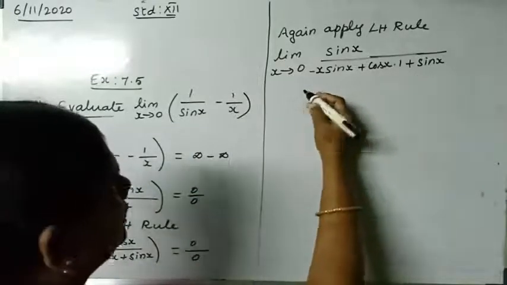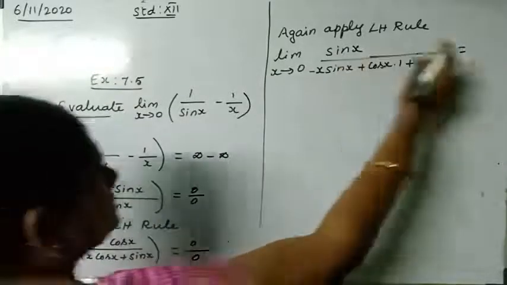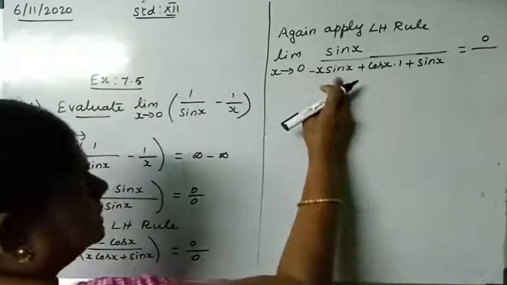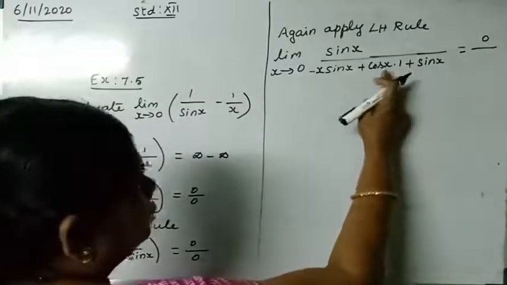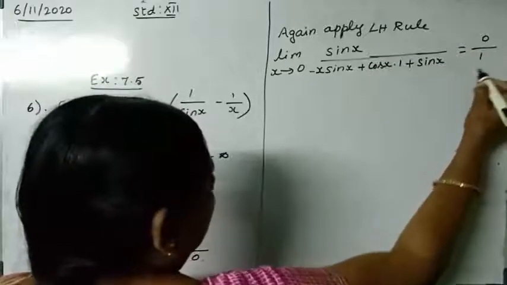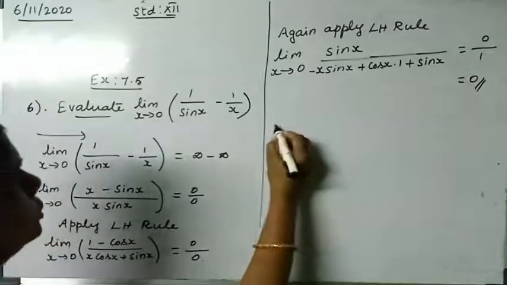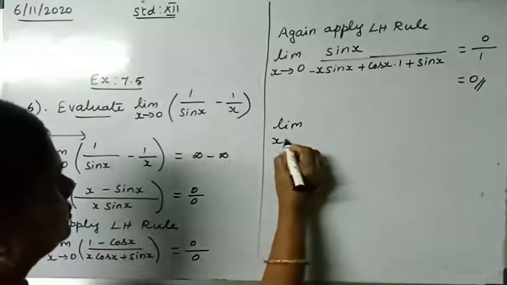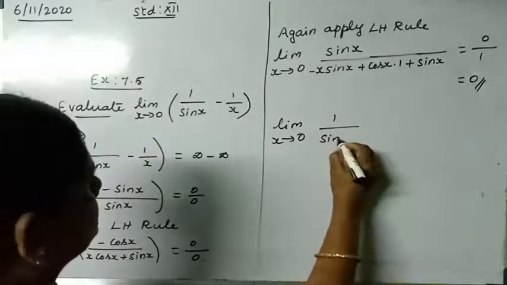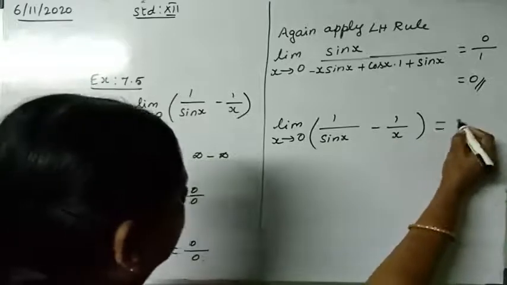Now if I substitute the limit here, sin x becomes 0, and 0 into anything is 0. Sin x is 0 and cos 0 is 1. So 0 by 1, which is equal to 0, is the answer. So limit x tends to 0 of 1 by sin x minus 1 by x is equal to 0.